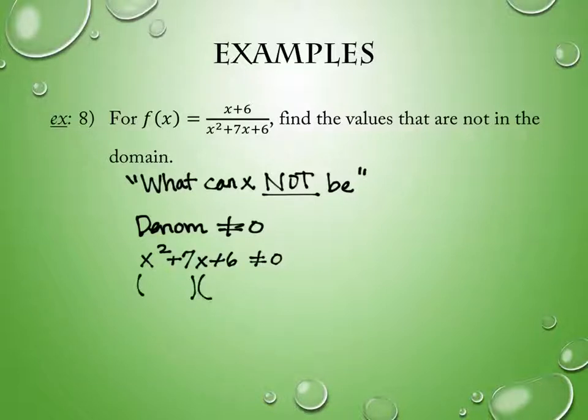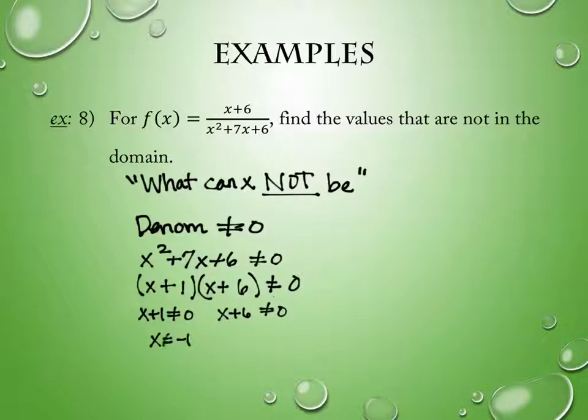So this one factors. How will x squared plus 7x plus 6 factor? x plus 1 and x plus 6, that'll do it. And then we set each of these to be not equal to 0. So what in fact can x not equal?